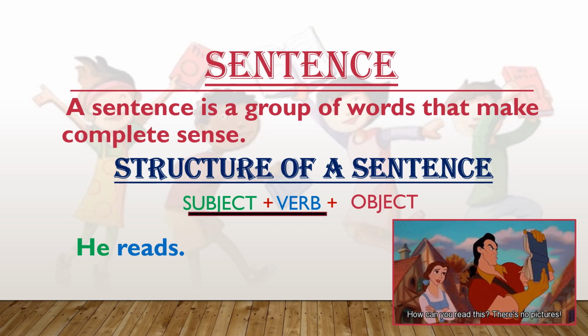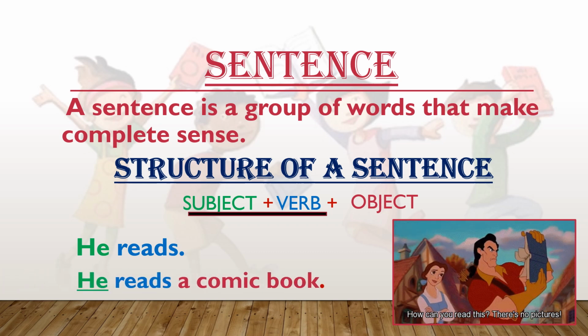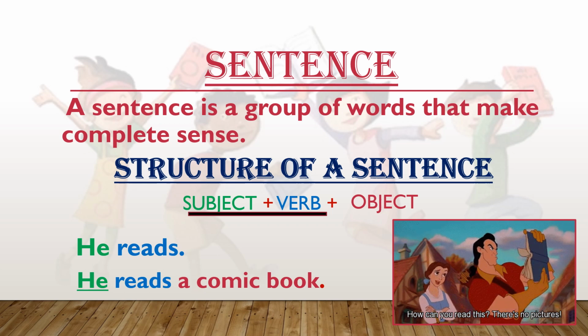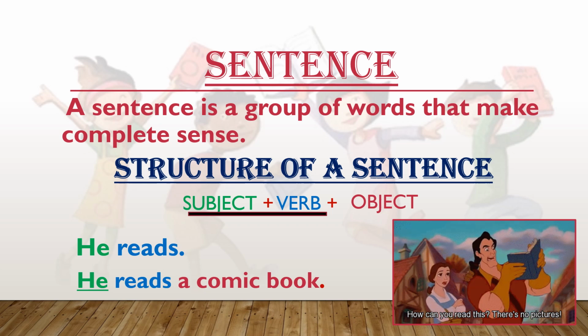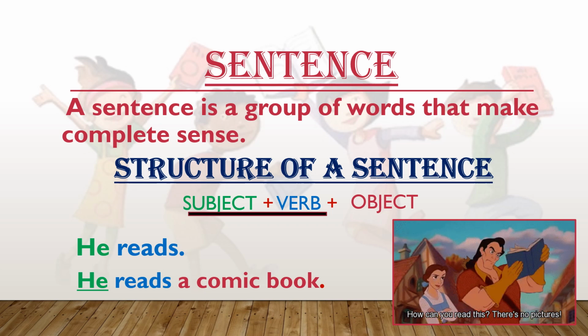Let's take another example. I'm adding a few more words to this same sentence. He reads a comic book. So here I have added a few more words, that is a comic book. He, as I told you, is the subject. Reads is the verb.